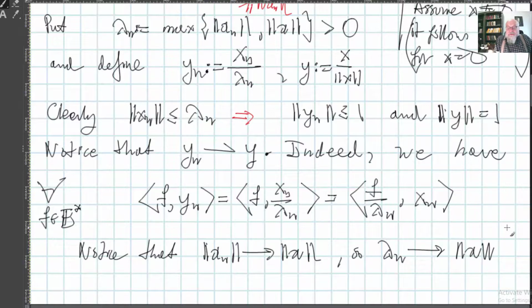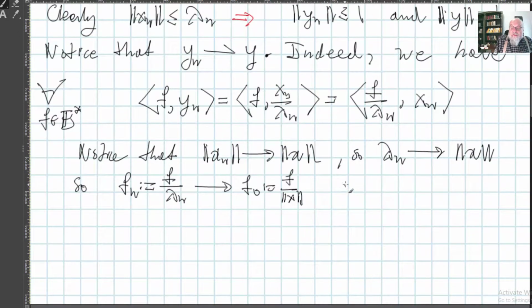So if I denote this fn, the f divided by this particular lambda n, we will be getting here that this guy converges to the limit, which is equal to f divided by the norm of x. So now I have that this convergence is strong. Strong convergence because it comes from the convergence of lambda.